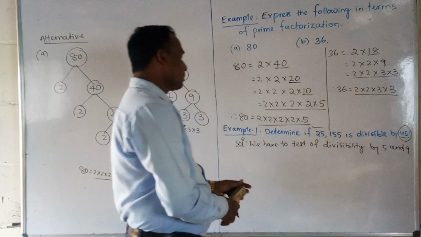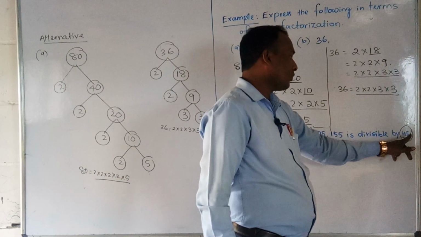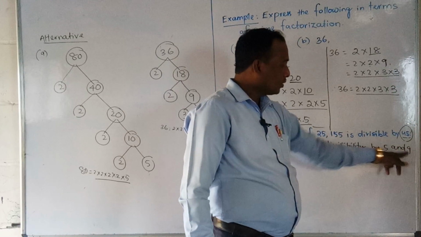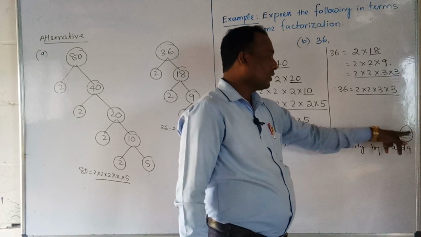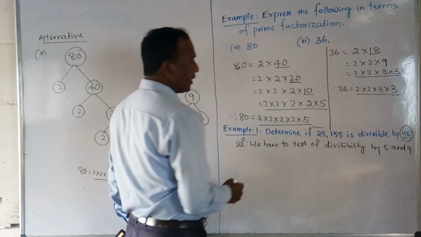Why should we test divisibility by 5 and 9? Because 5 times 9 is 45, so if the number is divisible by both factors of the product, then it is also divisible by 45.